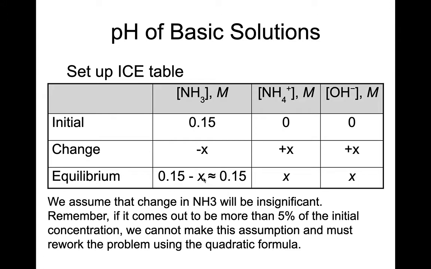So we're assuming that since this number is so small, the equilibrium concentration is going to be essentially the same. If you think about this being 0.15, if x changed by 0.000005 and you subtracted that from 0.15, by the time you rounded back to two significant figures, you'd have the same number. So that's why we can make that assumption.